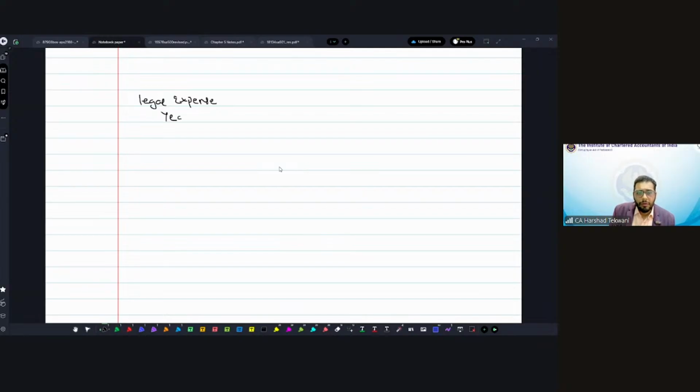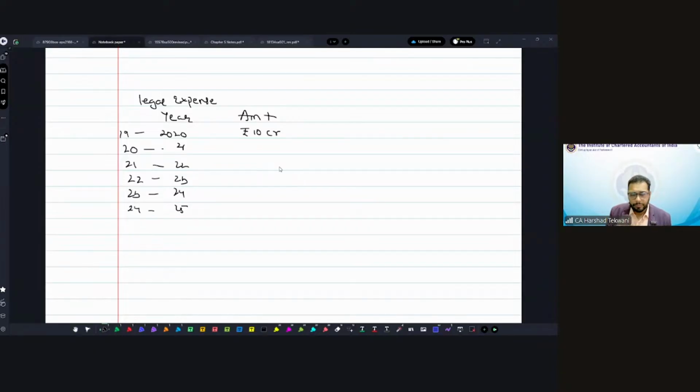Okay, year and amount. So let's say in 2020, the legal expense was 10 crores. Then 21, 22, 23, 24, 25, financial years, like 2019-20, 2020-21, 2021-22, this way.